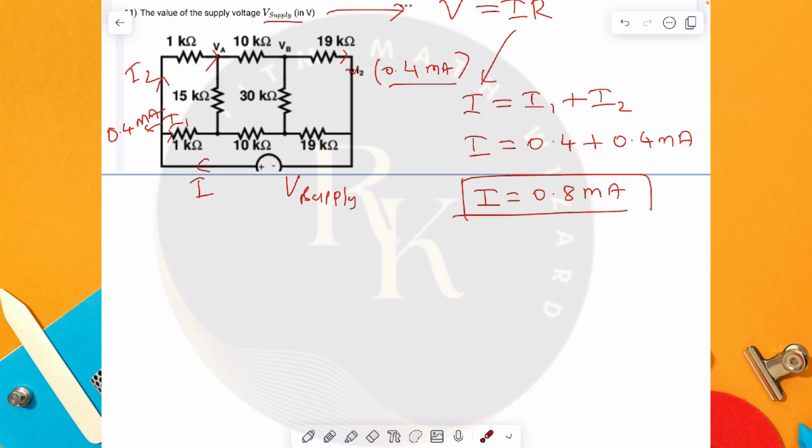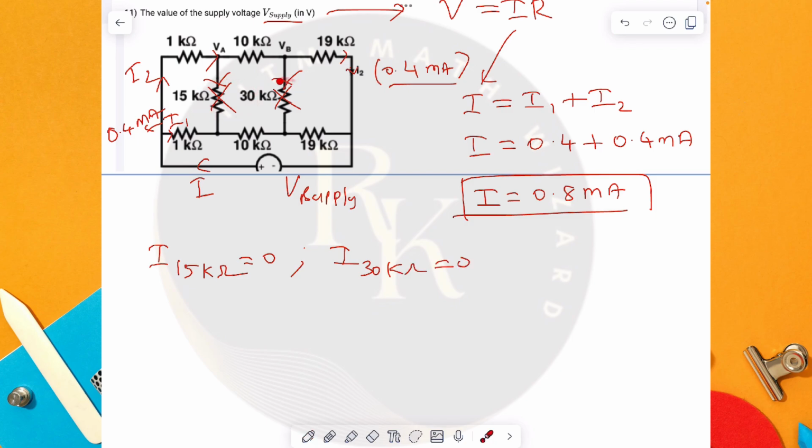Always remember, for opposite resistors with equal resistance, the current through the middle resistors will be 0. Therefore the current through the 15 kilo ohm resistor is 0. Then the current flowing through the 30 kilo ohm resistor is also 0.